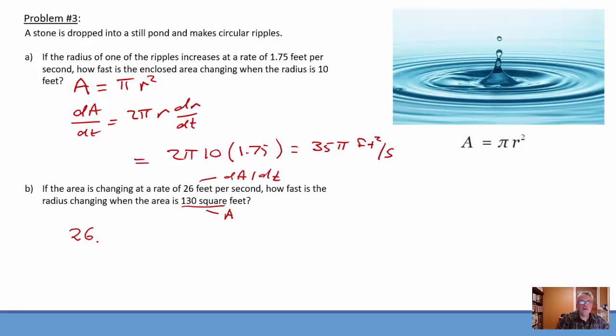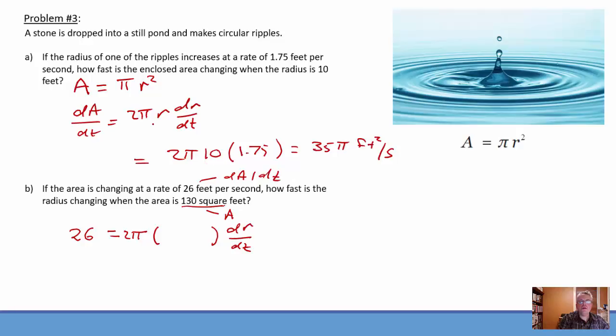Kind of missed that in the problem. But anyway, 26 equals 2 pi times r. We don't know r. We know A, we don't know r. So I'm going to leave a blank there. Times dr/dt. Well, that's what we're trying to find.